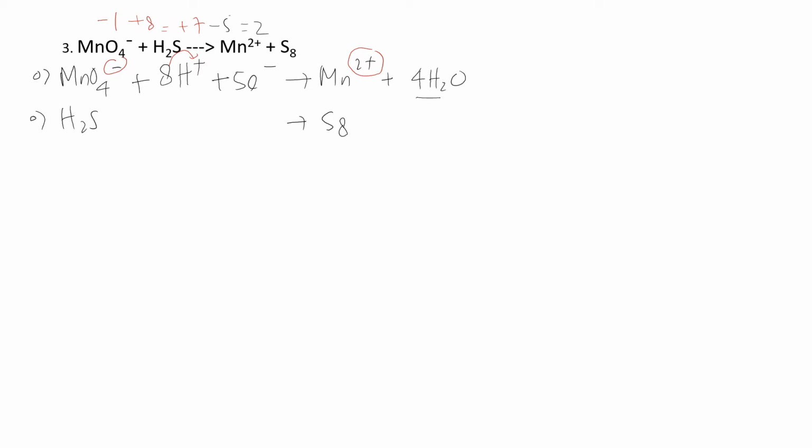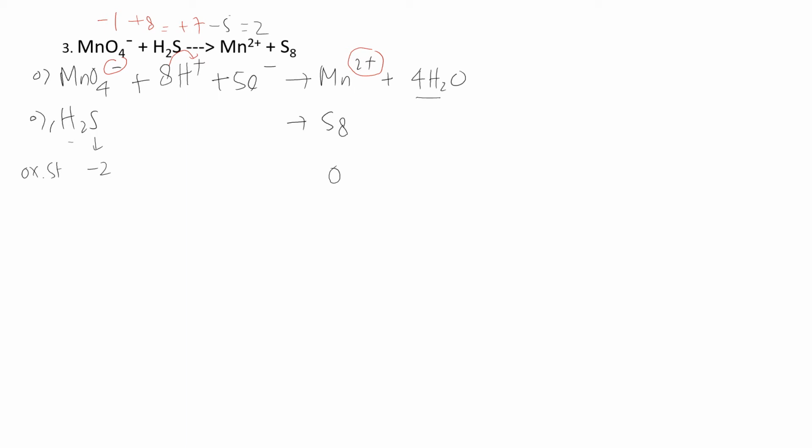For the second part, before we add H, we need to balance the number of S. Why? Because S here undergoes a change in oxidation state from -2 to, here it is a free element, that is 0. So you need to balance the number of S firstly.